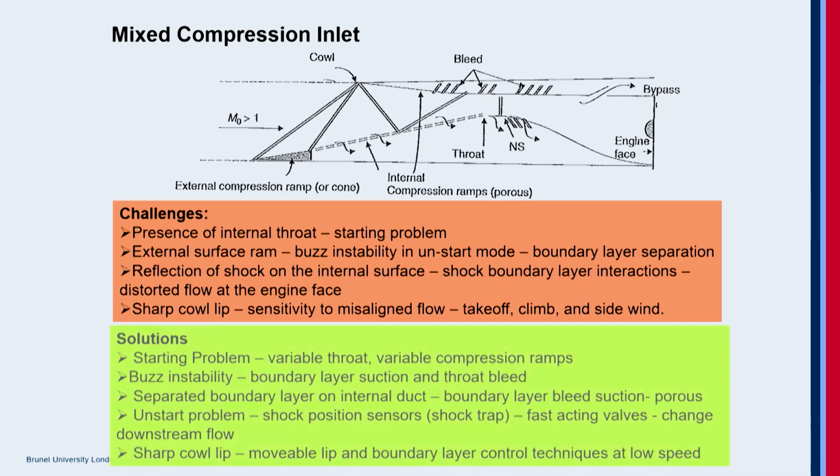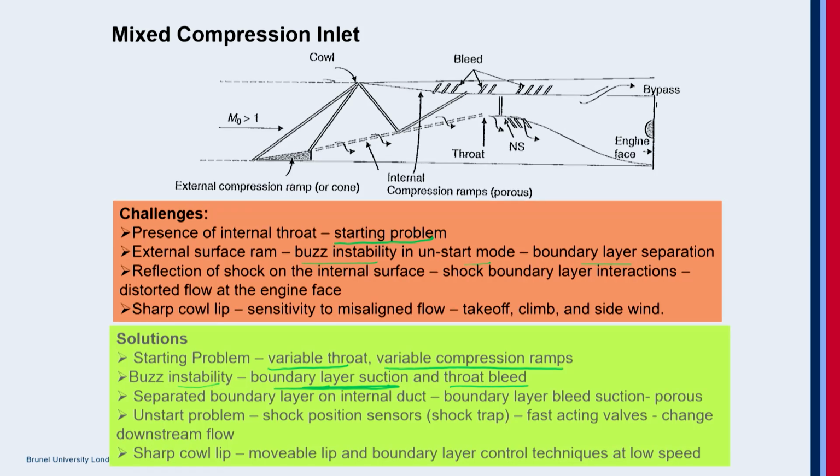So what I've done here is I've posted the challenges here and the solutions here. You have a starting problem, which can be solved using a variable throat and variable compression ramp. You have a problem with the external buzz instability, unstart mode, and boundary layer separations. Now buzz instability, boundary layer separation, and all these things could be controlled with boundary layer suction and throat bleed.